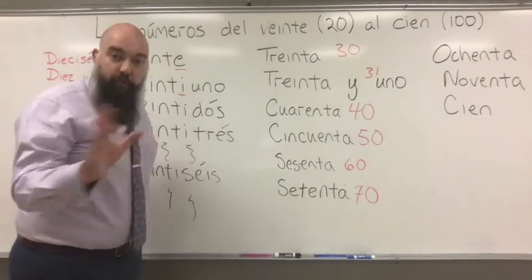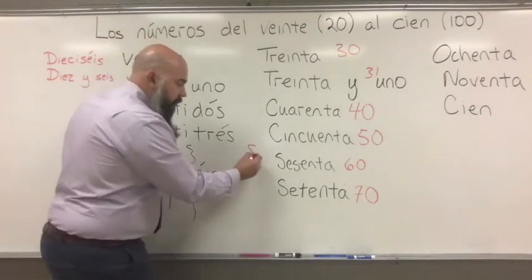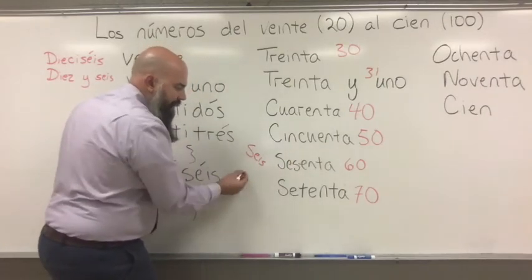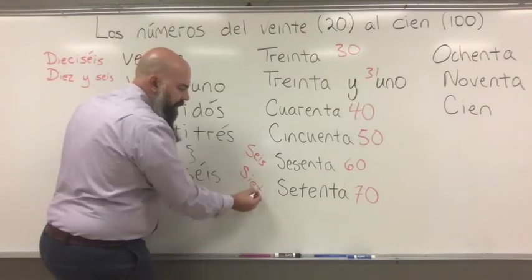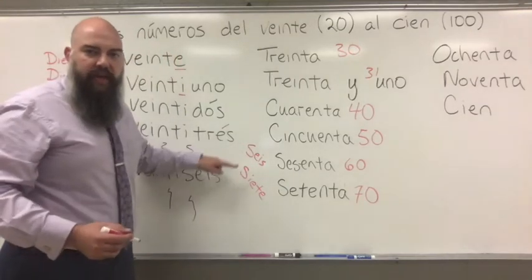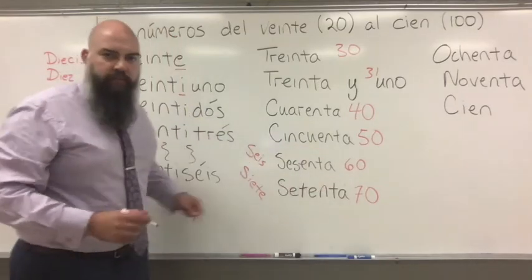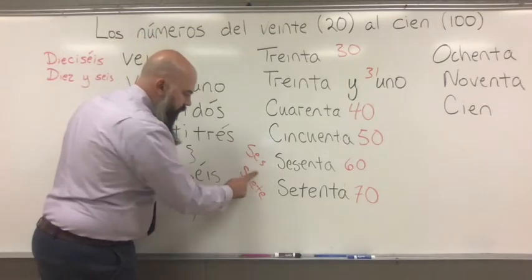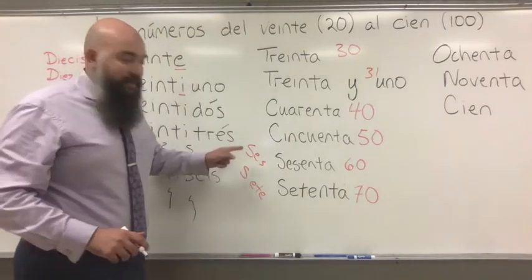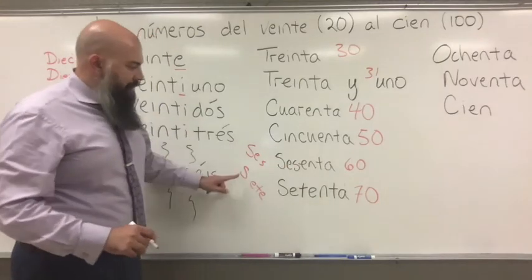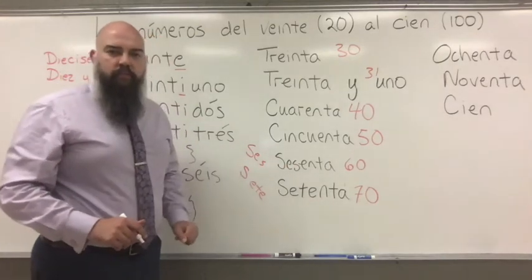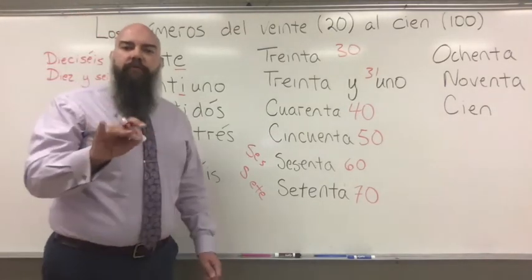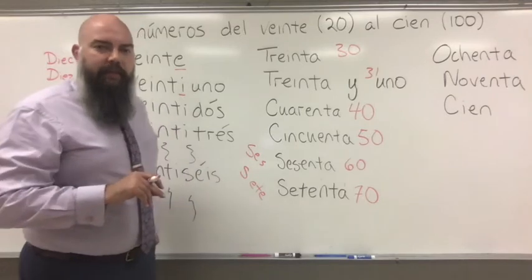But there's a trick. 60 represents seis here, and 70 represents siete. Okay? So seis and siete, that's your 6 and your 7. If you just poke the eyes out, boop, boop, you now have ses for sesenta and sete for setenta. That's how I remember it. Hopefully you will use that too. Or if you've got some other form of memory with that, let me know. I'd like to hear it.